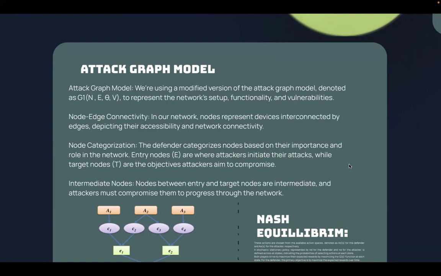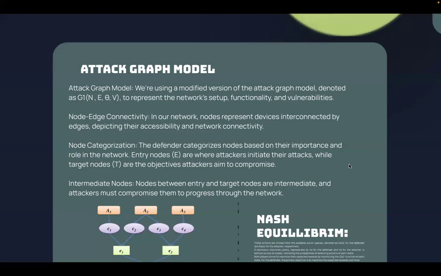Then we'll talk about node edge connectivity. In this system network, nodes represent devices interconnected by edges, depicting their accessibility and network connectivity. Then we have node categorization. The defender categorizes nodes based on their importance and role in the network.